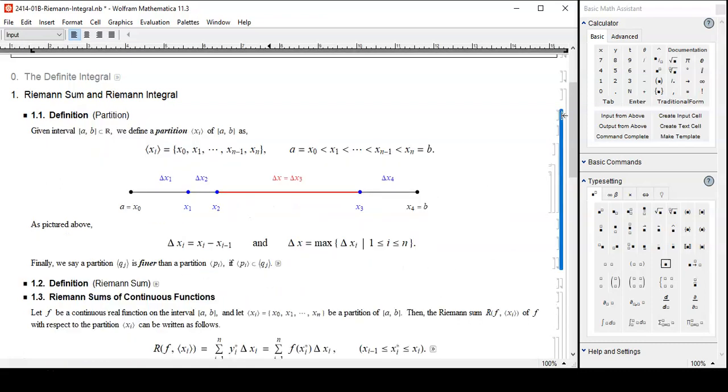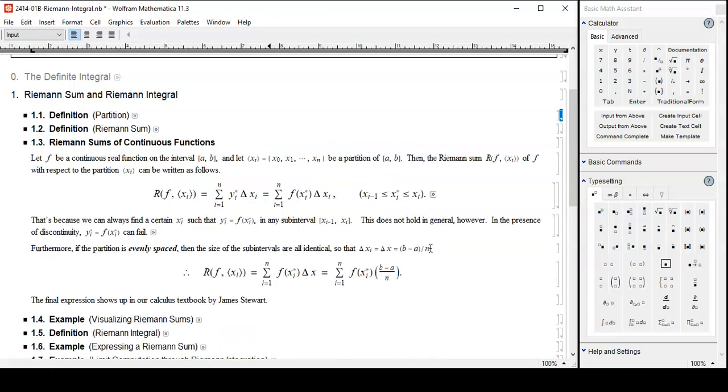So instead of taking partitions like this with variable width, we take the partition with the same width, so that delta xi's are all the same, and that is b minus a over n, the width of the original large interval divided by n, the number of partitions. So there's no randomness in the x-coordinate, so the widths of those rectangles are all the same, but there's some randomness here, so the height will change.